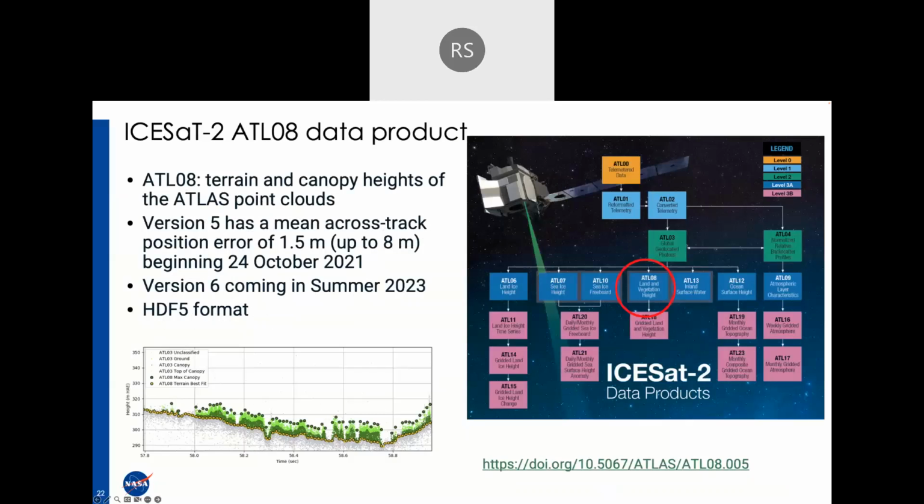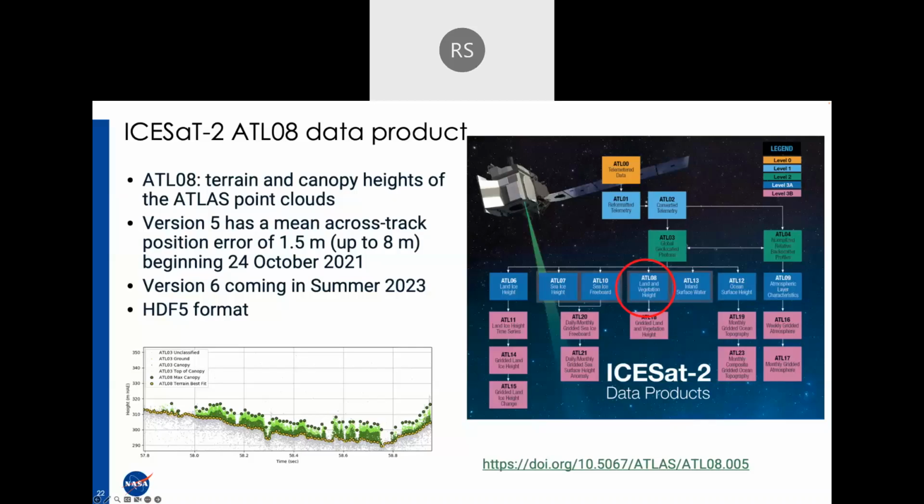This diagram on the right shows a range of current and planned data products from ICESat-2. We have recently added the subsetting capabilities for ATL08 to the ORNL DAAC global subset tools. The ATL08 dataset, shown here in the red circle, is essentially a filtered version of the ATL03 dataset.